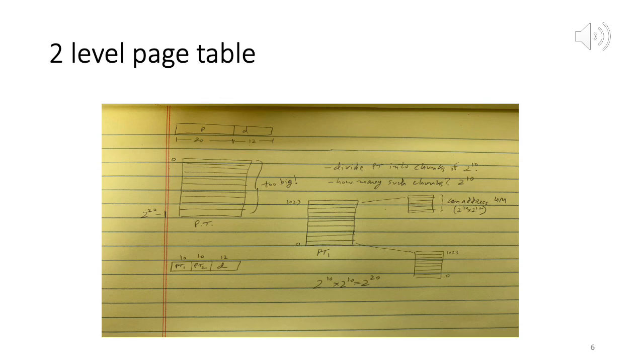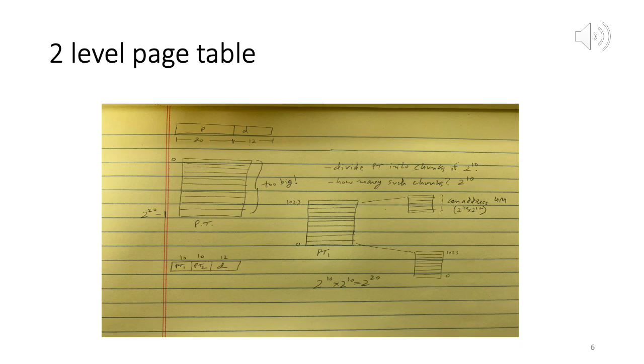Okay, so now I am on slide 6 and now we look at our example for 2 level page table. So the original problem was our logical address had 2 components, P was 20, D was 12, page size was 4K. So for P we had 20 bits, which means this could point to 2 raised to 20 pages, right?